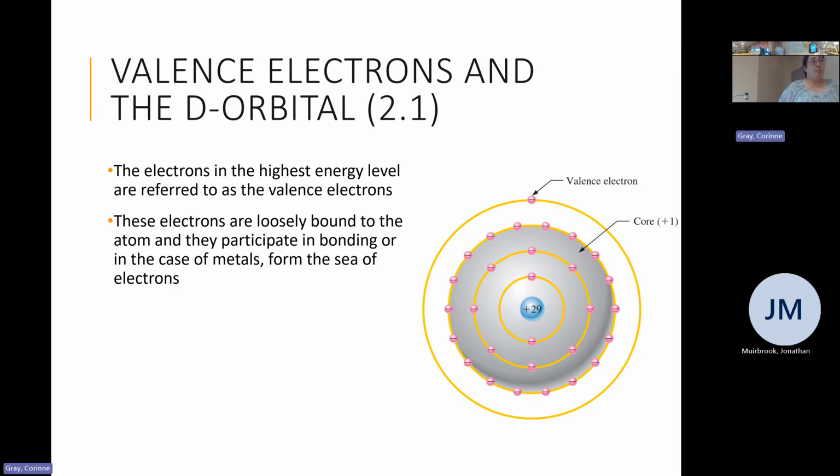So this is another representation of the atom. Here we have 29, which is copper, one of our more common conductors that we'll be talking about. With that electron that is labeled as a valence electron, it's far away. It's by itself. There's a lot of background math that explains why that's the case, not important for this class.